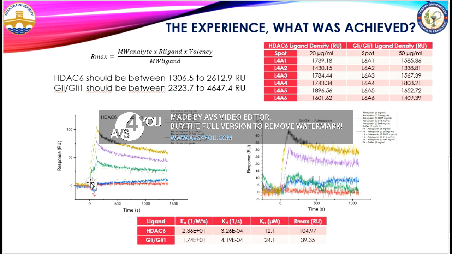During interaction analysis of the novel compound with its ligands, affinity constant, association constant, dissociation constant, and Rmax values were calculated by the instrument's software. As can be seen, Rmax values were achieved for both ligands.